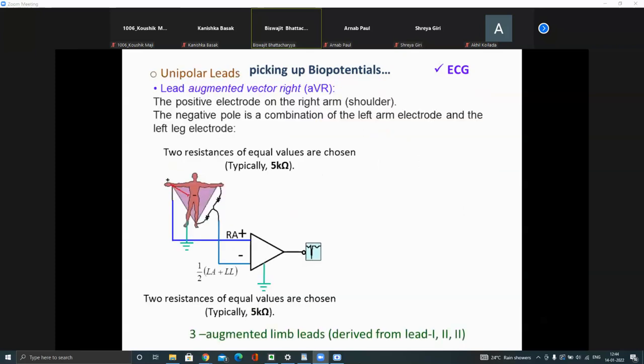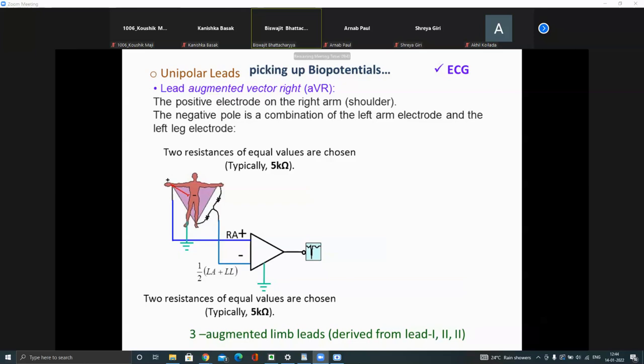Now, we were talking about bipolar leads. Bipolar lead means the voltage can be positive, negative, anything. But now we will see another type of measurement from all such lead voltages, the unipolar leads. Why unipolar? Only one polarity will be there.